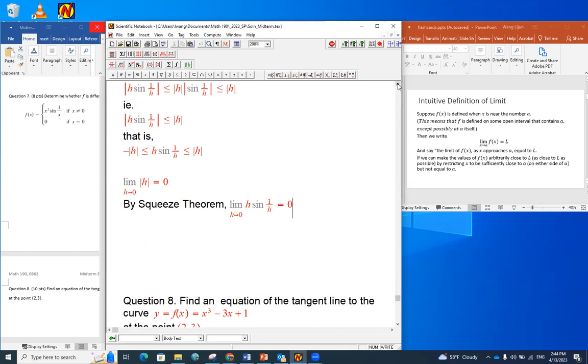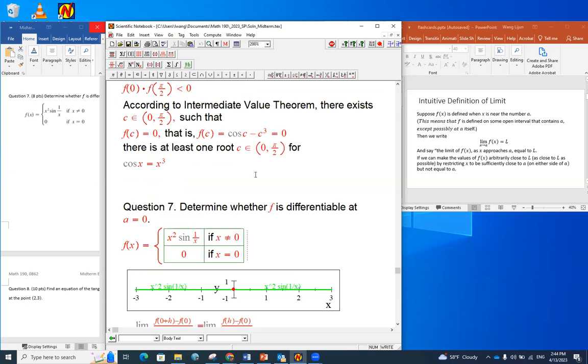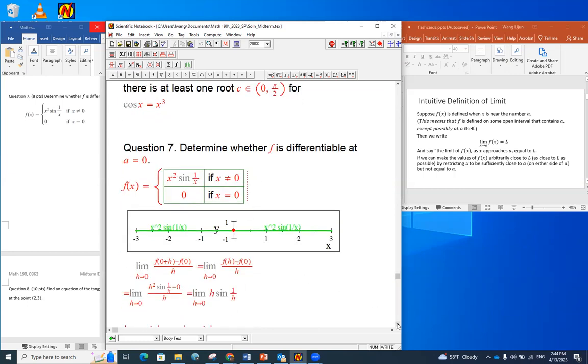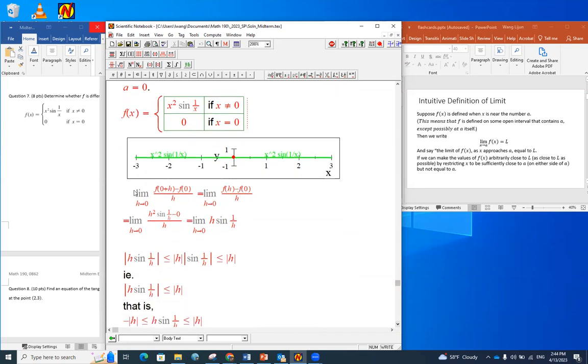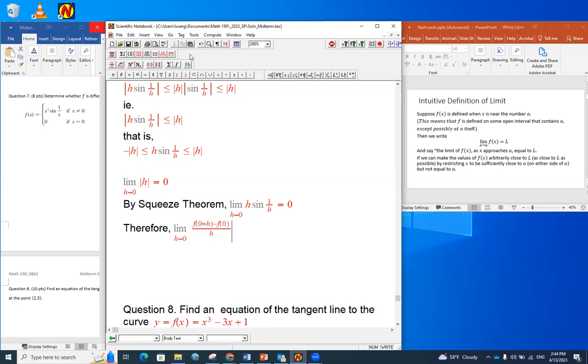In summary, that means this limit exists. Therefore, this limit not only exists, it is zero.